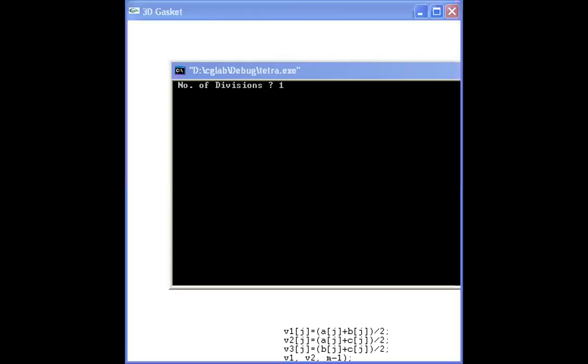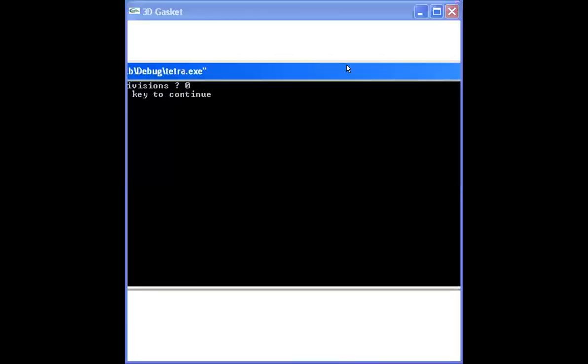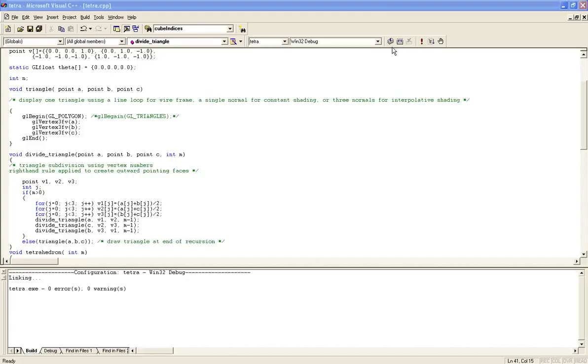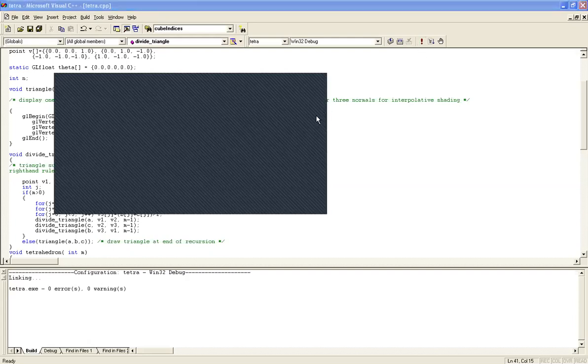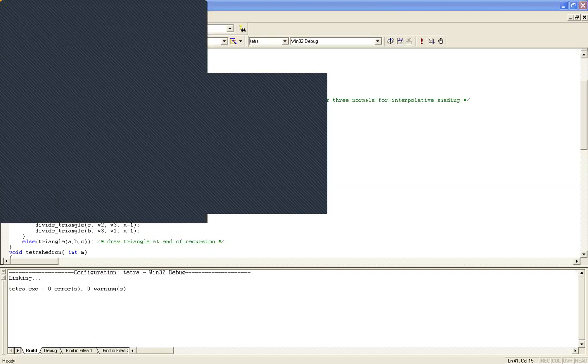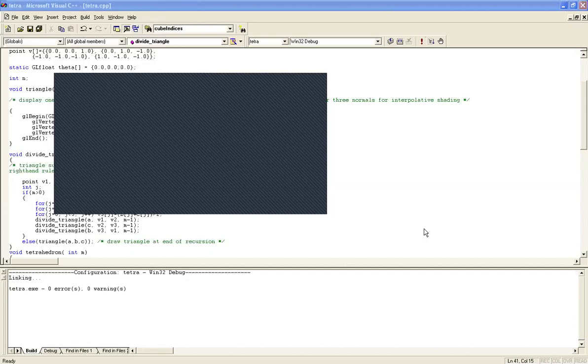Okay, I think I have opened more than one console. Let me close. Nothing to worry. Let me open my program. Okay, compile, build, run, and enter the number of divisions, which is 1.